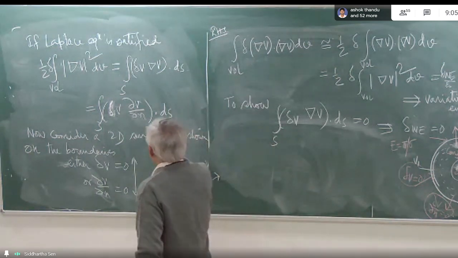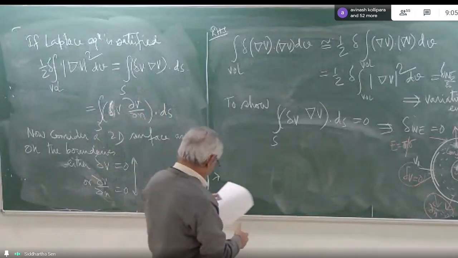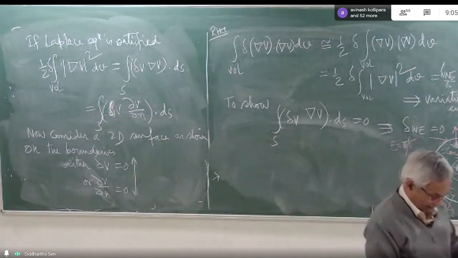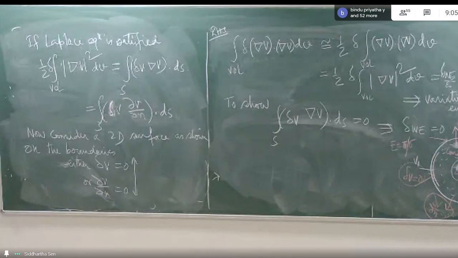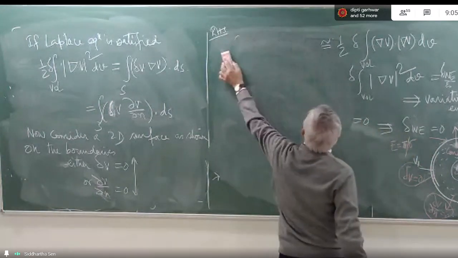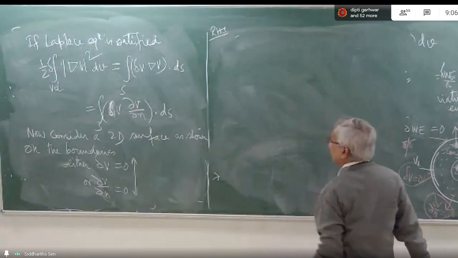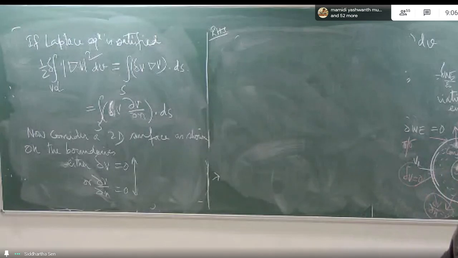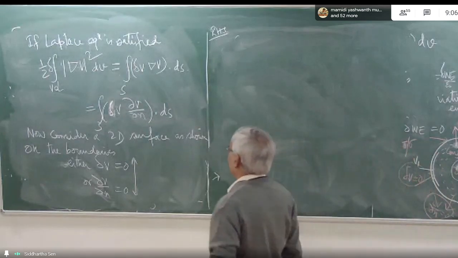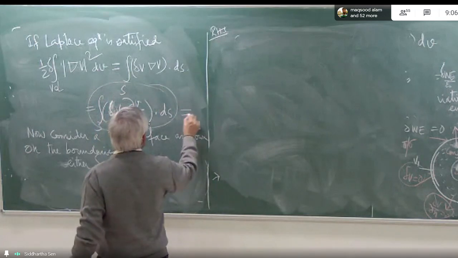So either this will be 0 or the other one will be 0. What we can conclude from Dirichlet or Neumann conditions is that this will always be equal to 0.